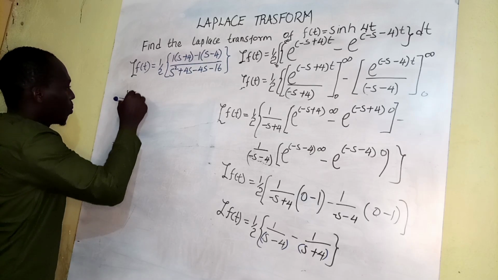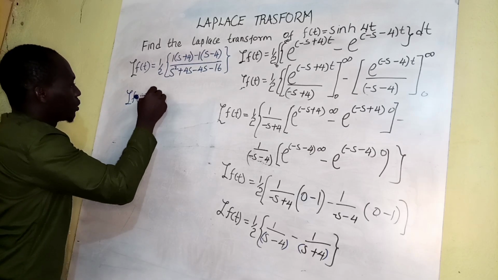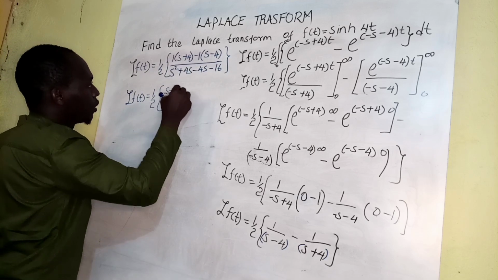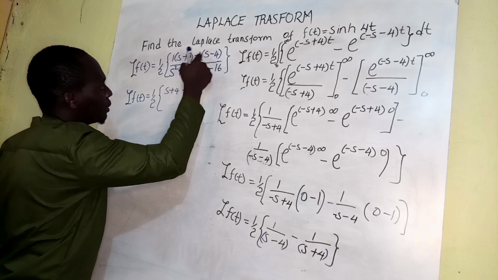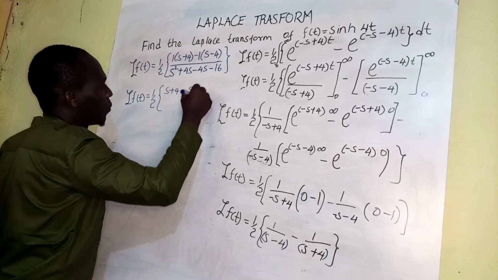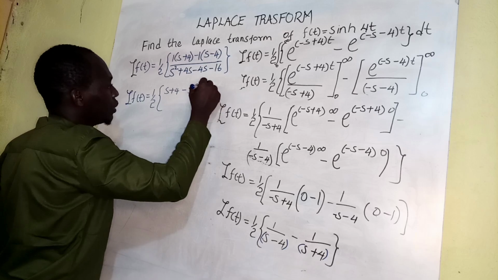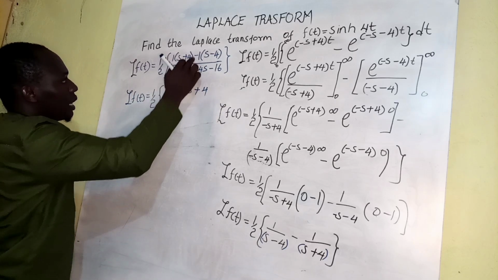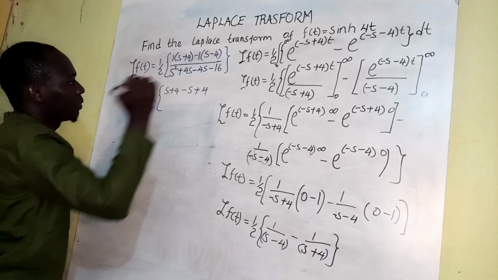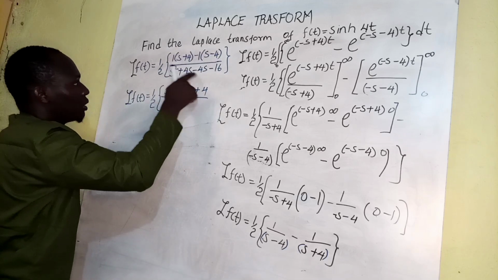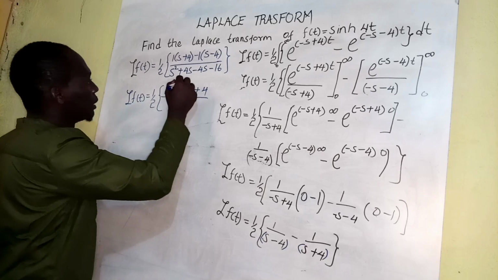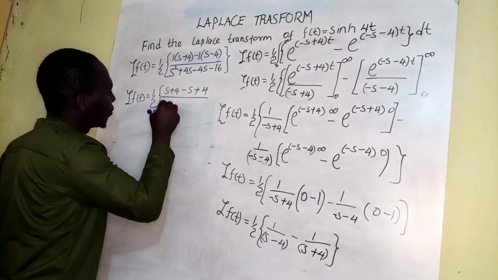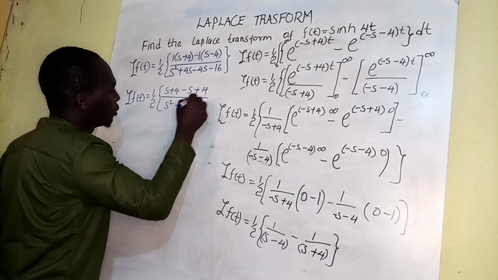Now the Laplace transform of our function f of t is going to be equal to a half into s, we add to 4, we subtract from s, we add to 4. Here we are going to have a positive, here a negative, and here a positive. All over here on the denominator, this one is a positive, this one is a negative, they are going to cancel out, and we are going to have s squared, we subtract from 16.